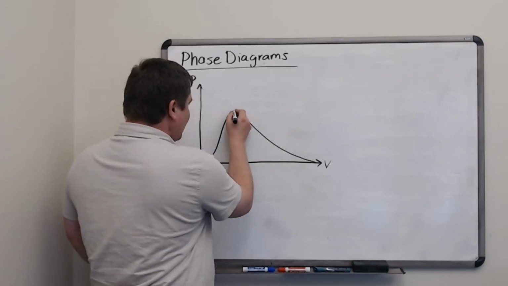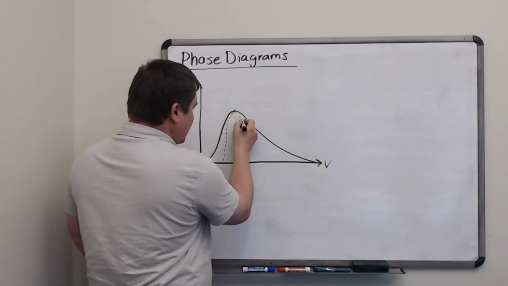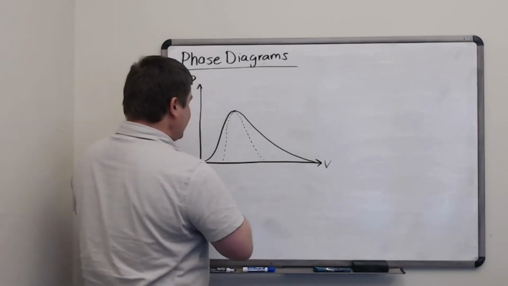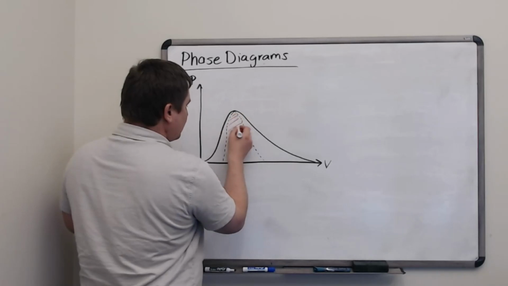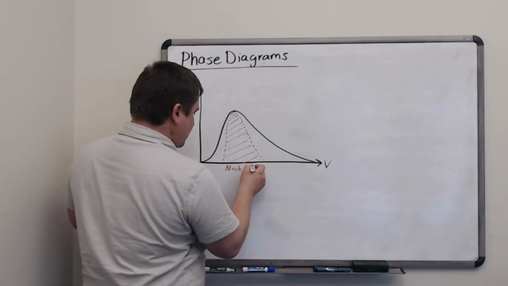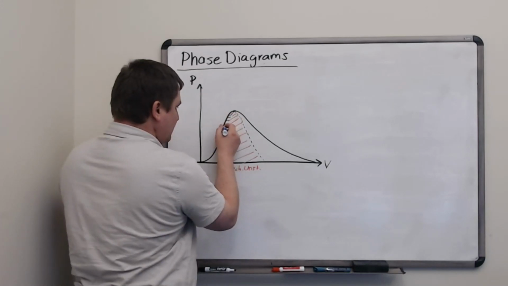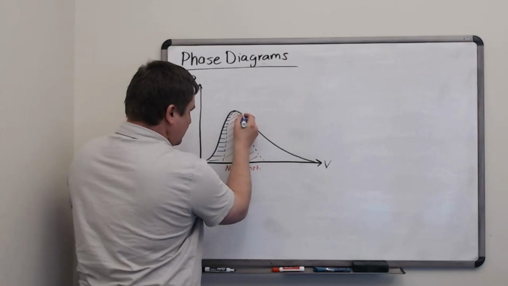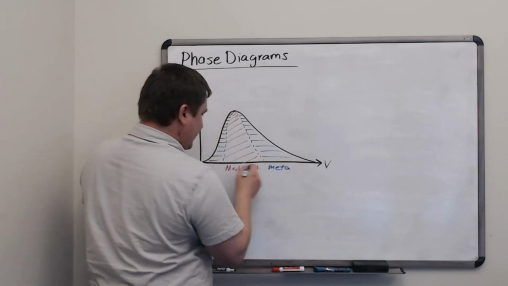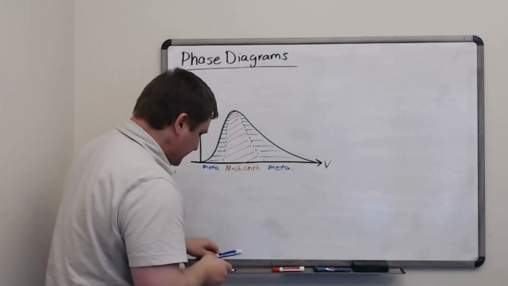But inside of this envelope, we know that there was a region of mechanical instability on the inside, and a region of metastability near the edges. So I'll just write meta with a period after it for metastable region in blue.